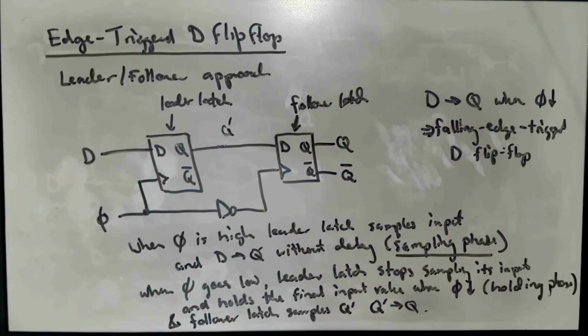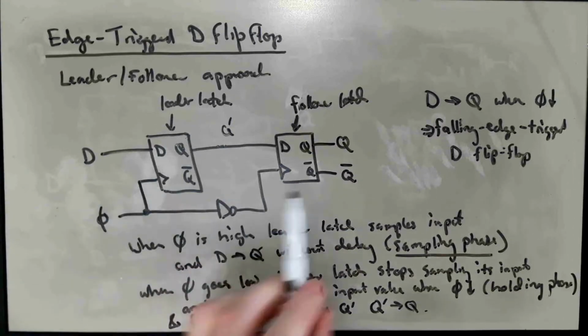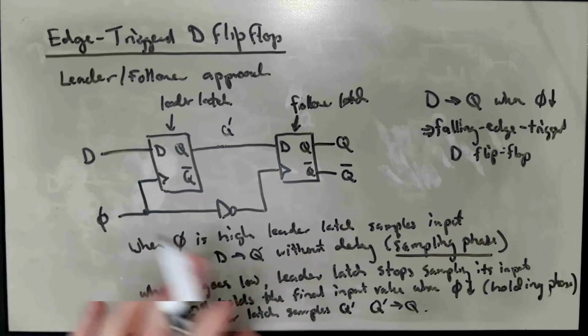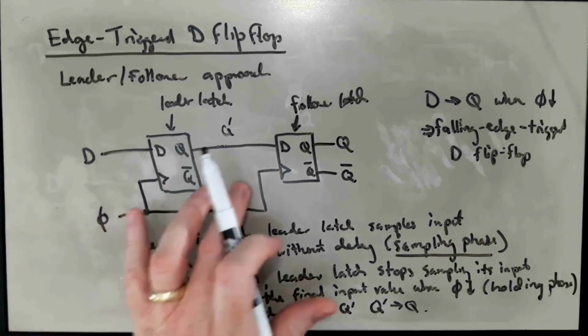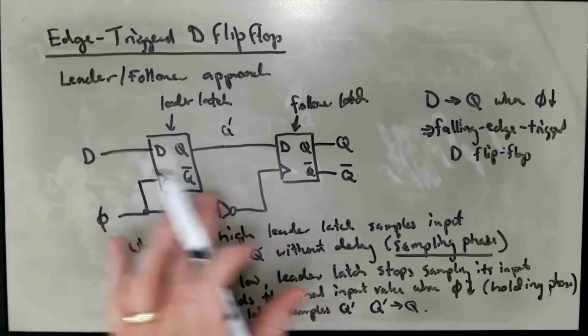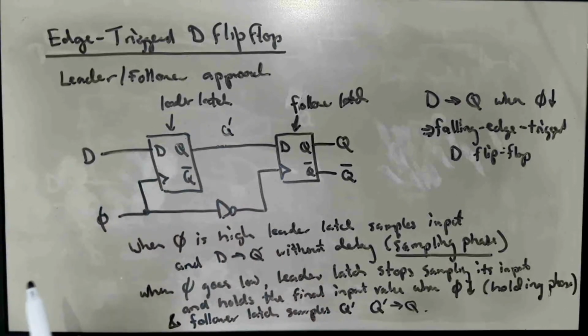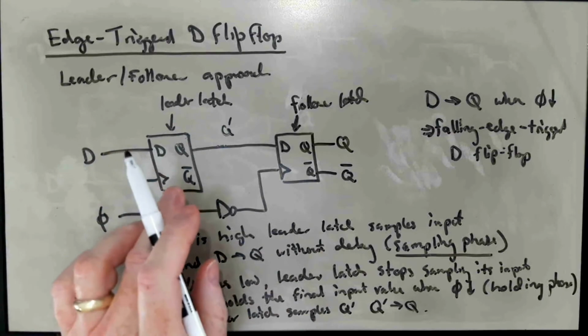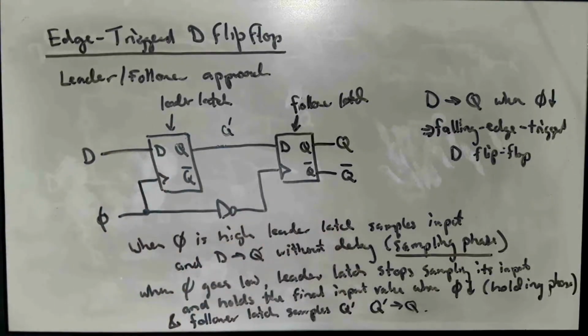So if we wanted to make a rising edge triggered D flip-flop, which would have D propagate to Q on the rising edge of the clock, all we would need to do would be to flip the phase of the clock in which the leader latch is sampling and when the follower latch is sampling.